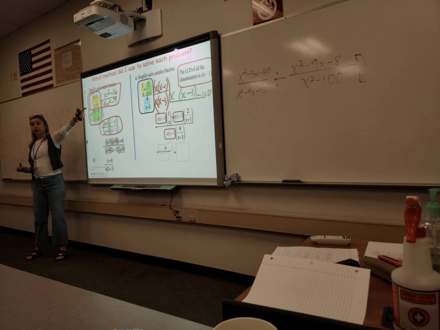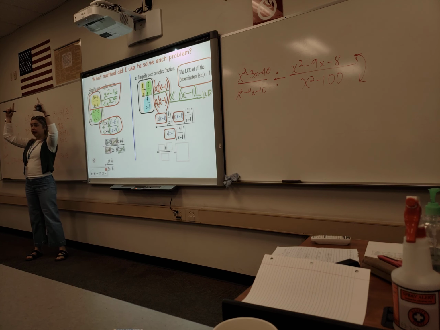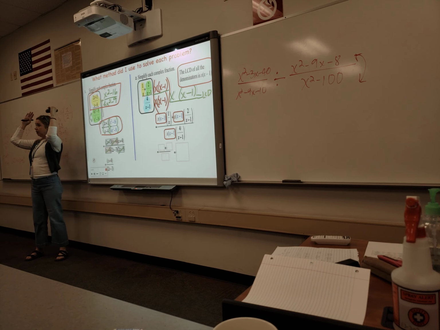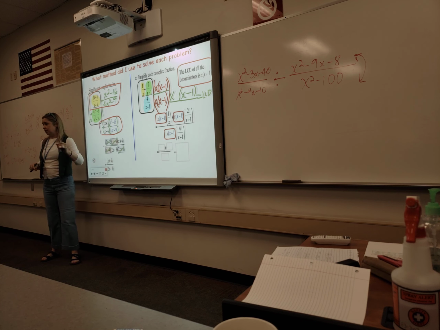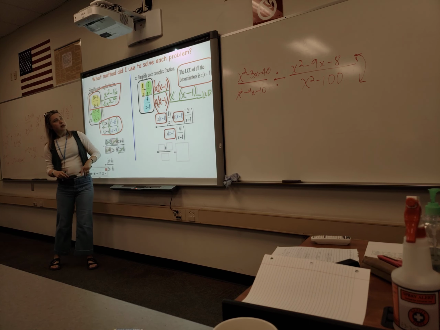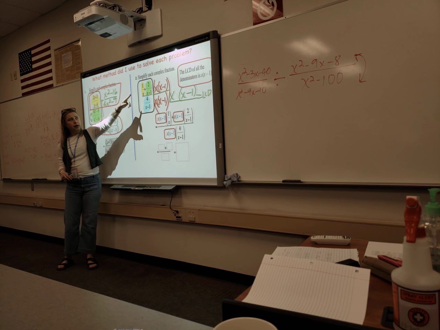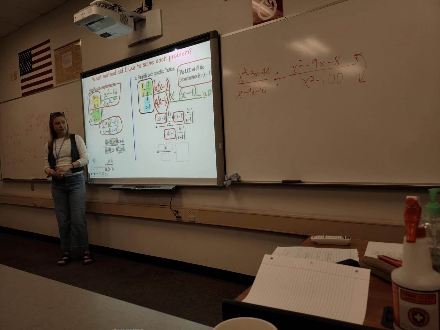So again, the reason that we're doing that, multiplying by the LCD of all the denominators up top and also on the bottom, is to get rid of these ugly fractions, okay? So that's exactly what happens. We're gonna do it yellow, green, and blue.